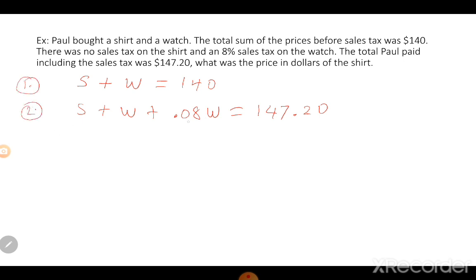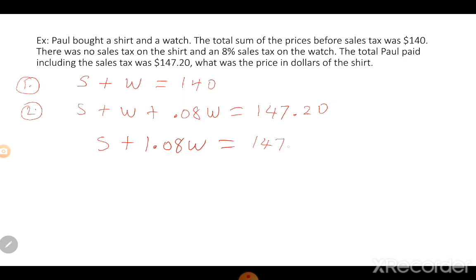Okay, I'm going to rewrite the second equation the way I should have written it. I could have written it this way, but I wanted you to see how I got there. This second equation is made up of the price of the watch plus the sales tax on it.